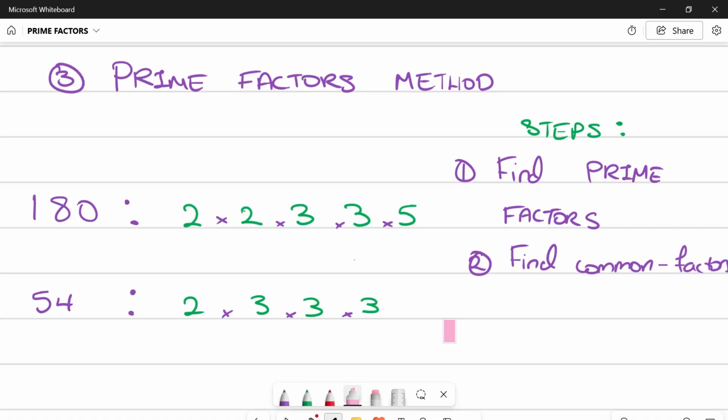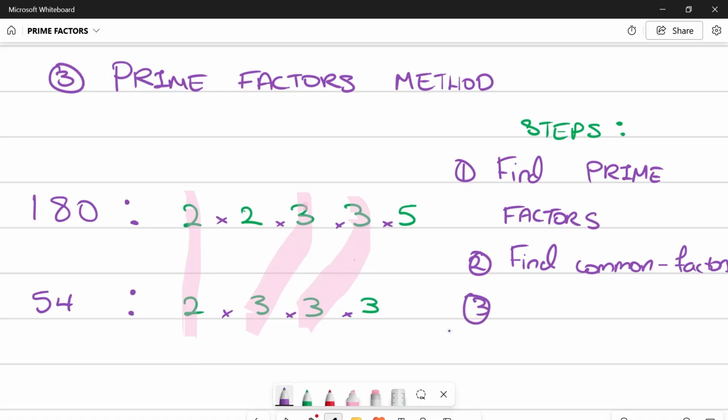So this step is similar. We need to look for the factors that are common between 180 and 54. The factors that both numbers have in common are a factor of 2, a factor of 3, and another factor of 3.